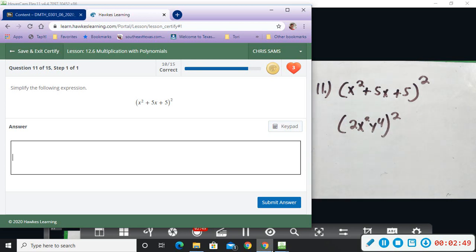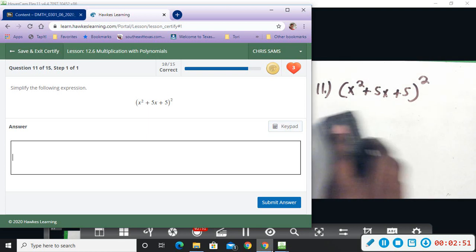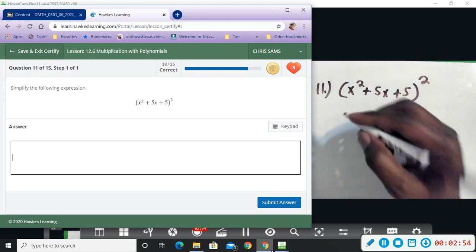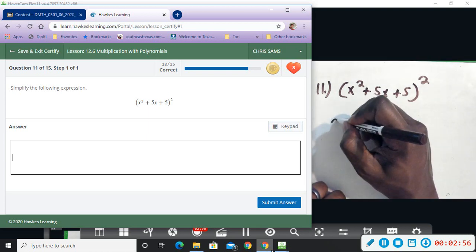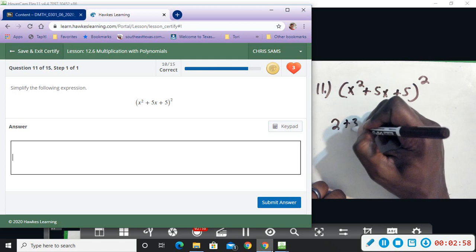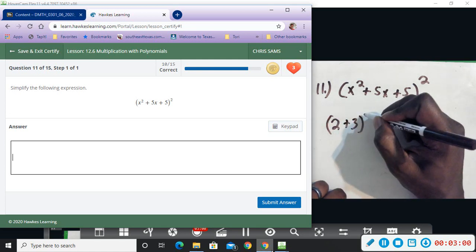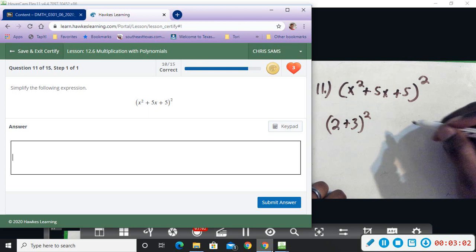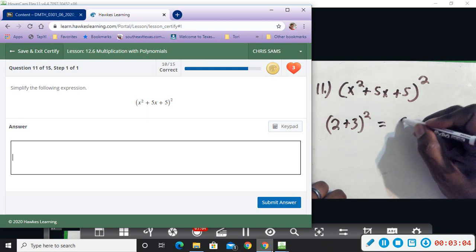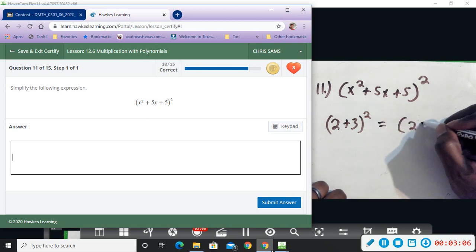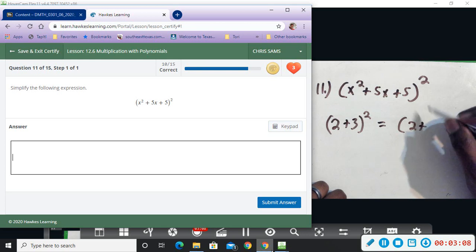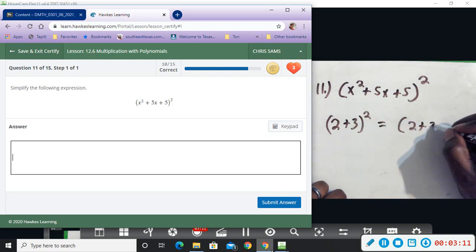Let me show you another scenario and see if you get the same thing. Let's just say 2 plus 3, something small that we can add, and let's say I put a square on the outside. Is that the same thing as if I did 2 plus 3 and then squared it later? If you can simplify, we would simplify, but we can't.